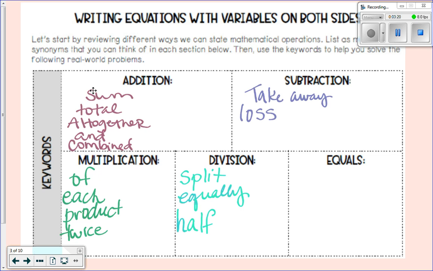How would I know when I'm writing an equation, what's a word or words that would mean equal? Think about when we were solving equations. The variable equals. What's another word besides equals? Alike. Maybe. The sum. That would be add.